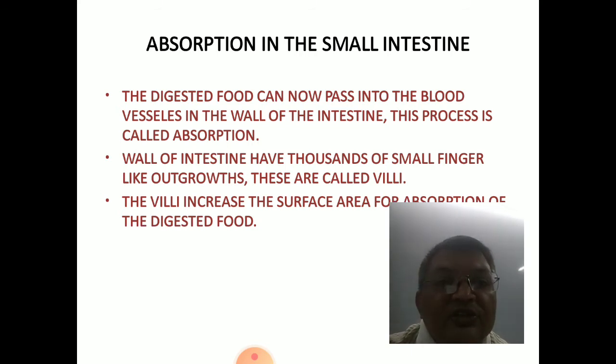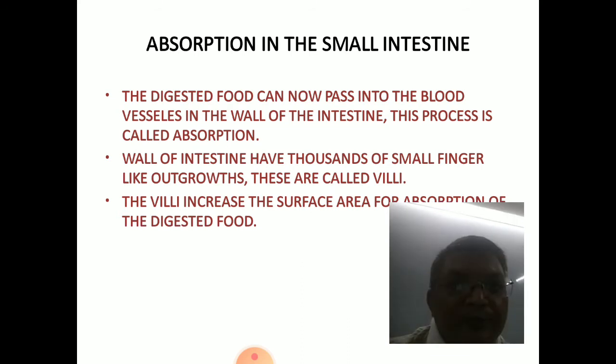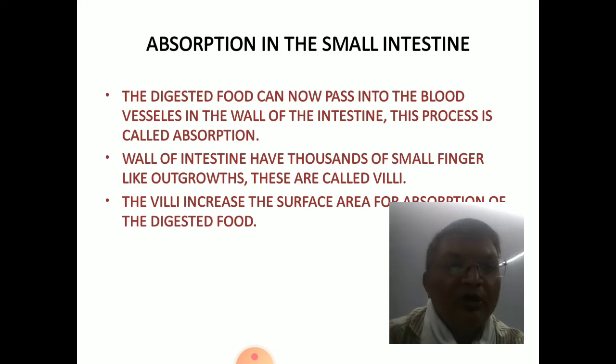In the wall of the intestine there are thousands of small finger like outgrowths, which we call villi. These villi increase the surface area for the absorption of digested food. So about the small intestine, I hope you don't have any doubt at all.